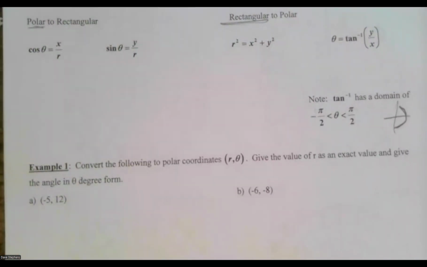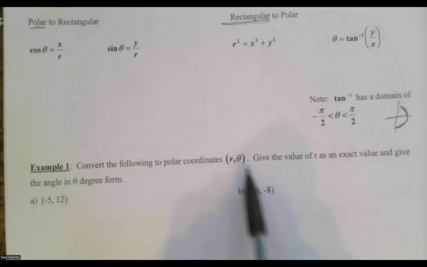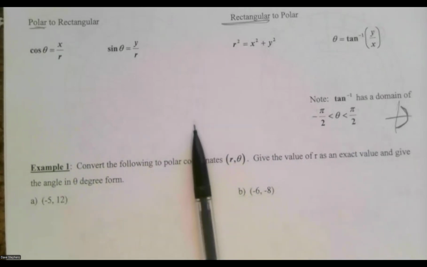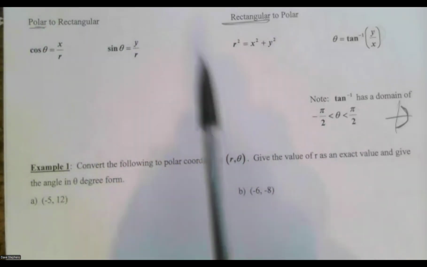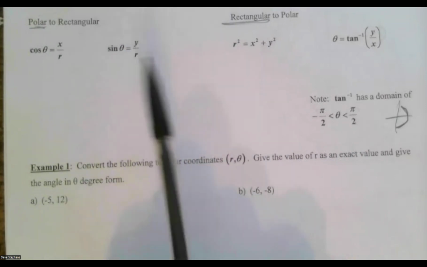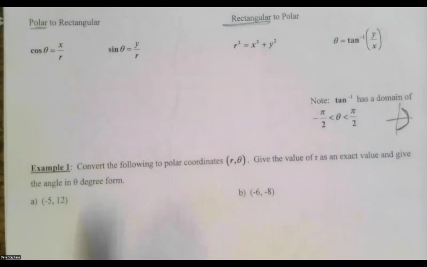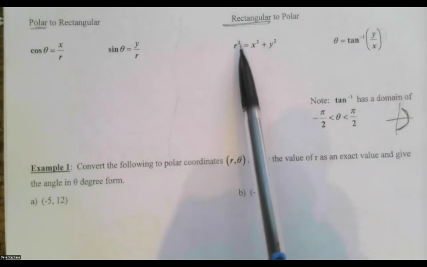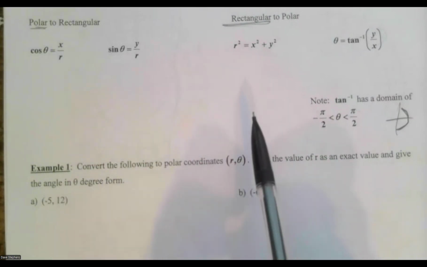All right. So convert the following to polar coordinates, r comma theta. Give the value of r as an exact value and give the angle in degree form. And really, the only other thing I want to say about the conversions, when we're going from rectangular to polar, which is what we're about to do, they give us this x squared plus y squared equals r squared. That's the Pythagorean theorem. But I also want you to see visually how we get there.